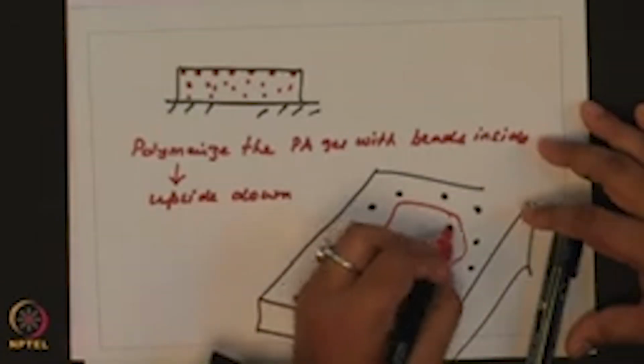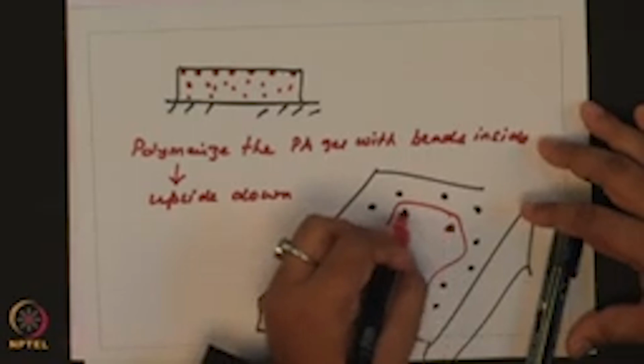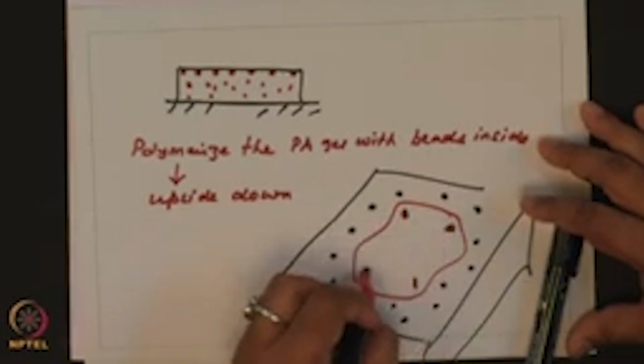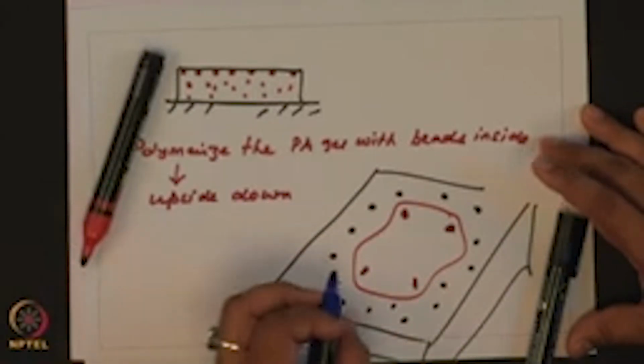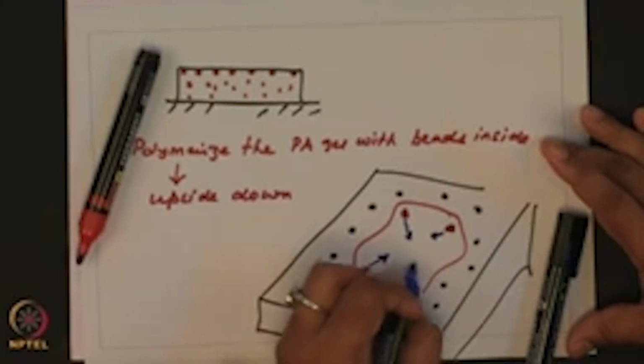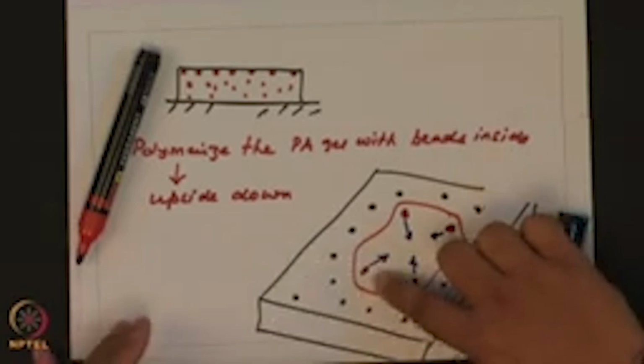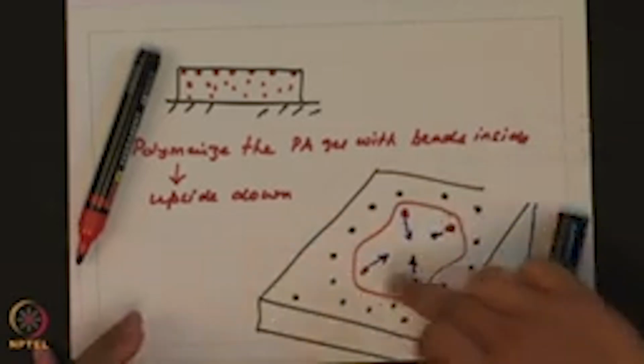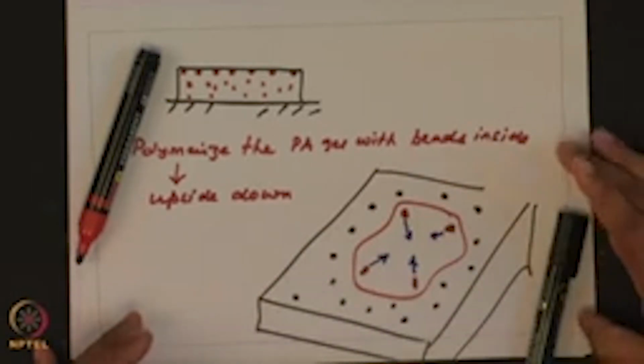Okay. So, if there were individual focal adhesions through which the cell is exerting forces inside, let us say these are 4 focal adhesions through which cells are exerting forces in the given direction.